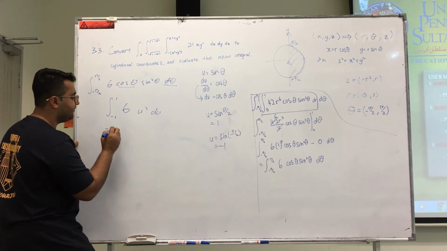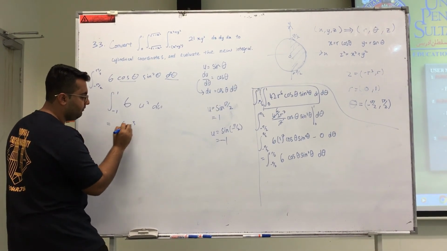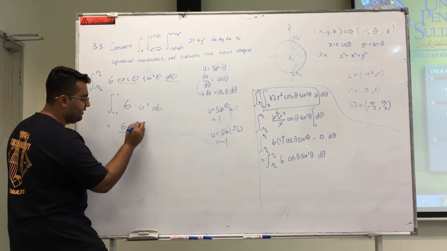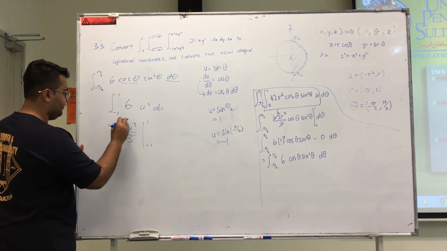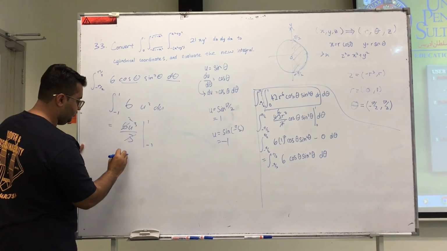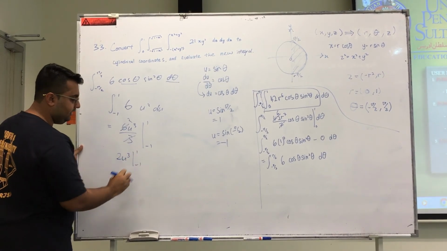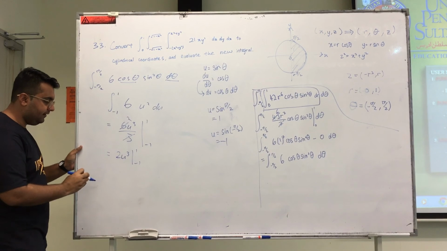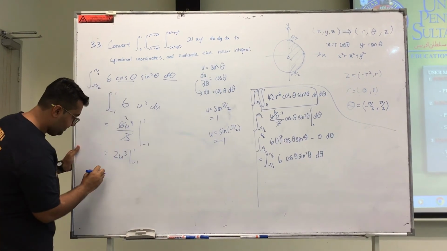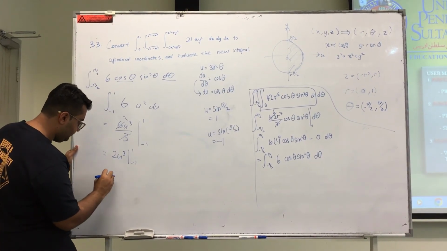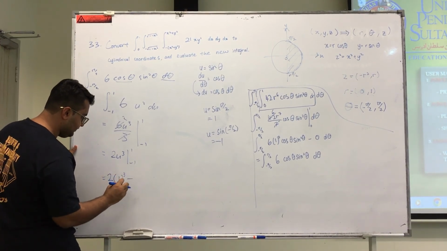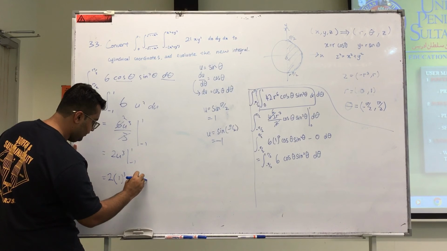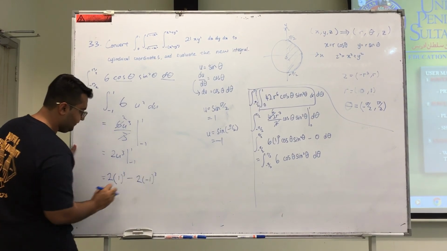When we integrate 6u power of 3 over 3 with respect to 1 and negative 1, here we can get 2, so 2u^3 from negative 1 to 1, and at here 2 substituting 1 power 3 minus 2 negative 1 power 3.